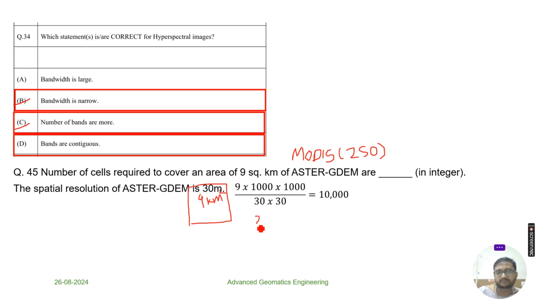We just put 250 here instead of 30, so it becomes directly 250 fours are 1000. Similarly, here you have 4, so 4 into 4 into 9, and you will get 144.